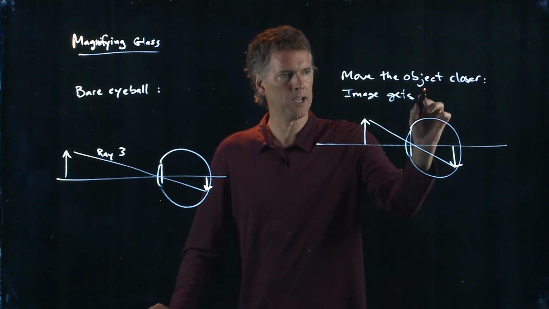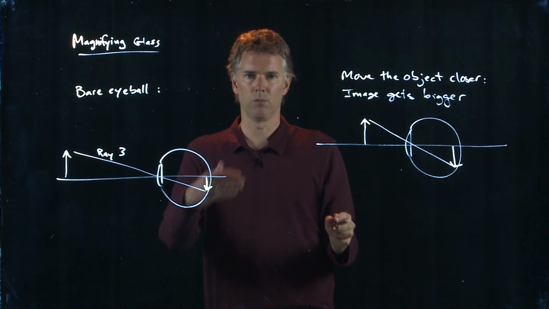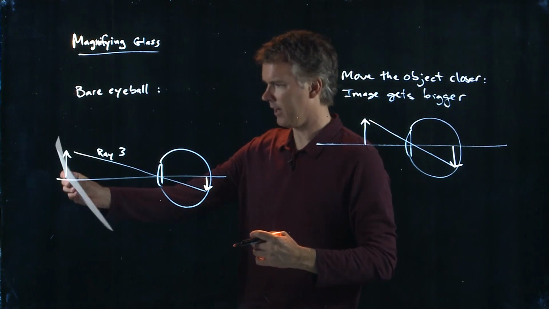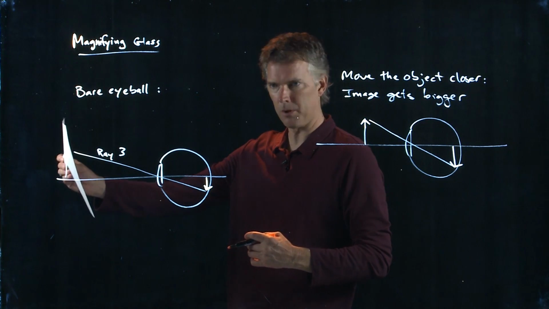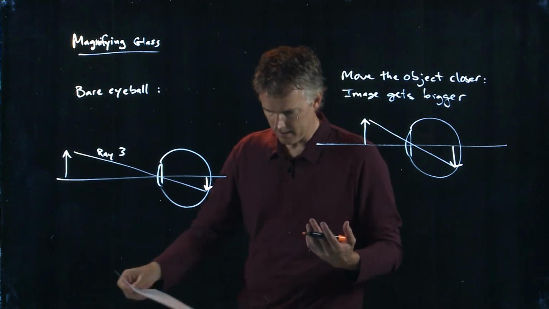And it got bigger because ray 3 was steeper, right? Ray 3 came in at a steeper angle. And you know this, of course, right? If I look at text this far away, it's pretty small. As I bring it in, it gets bigger and bigger and bigger.